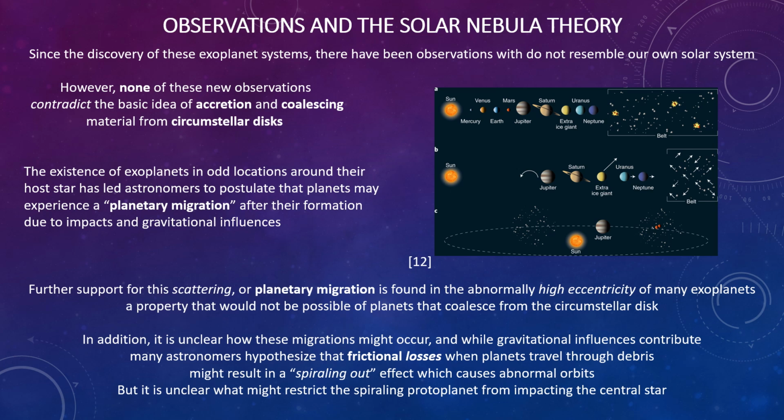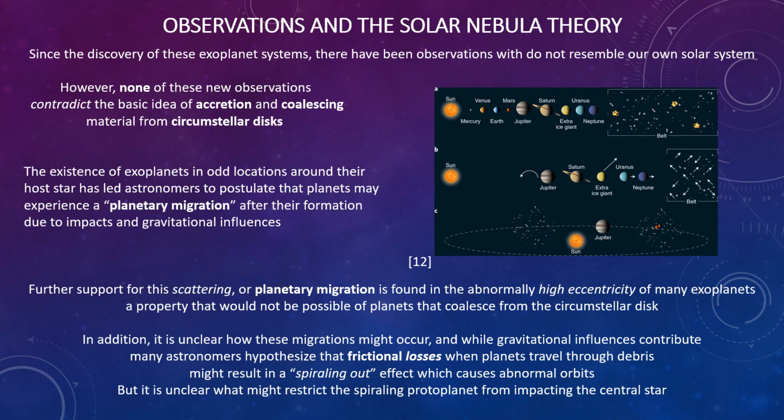But the existence of exoplanets in odd locations around their host stars has led astronomers to postulate that sometimes planets may experience what we call a planetary migration after their formation, due to potential impacts or other gravitational influences. So it's possible that the order of the planets in our solar system may have changed or moved around a bit.